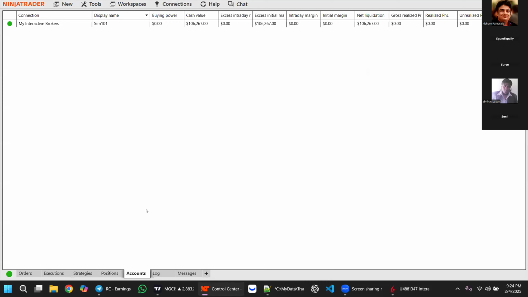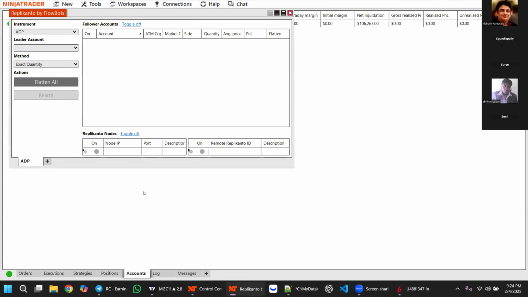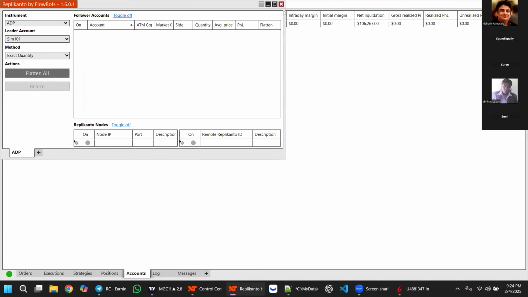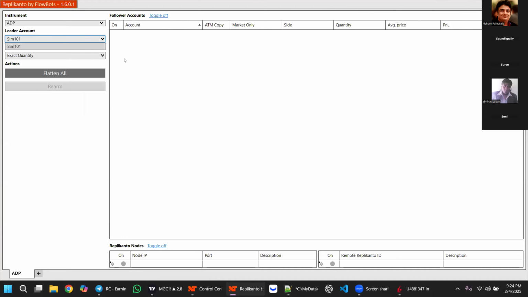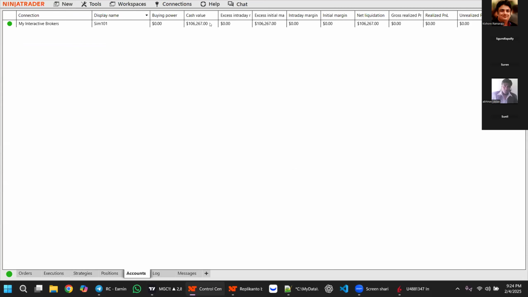Even in Replicanto I will not see that account. With prop firms we can do copy trades, right? Yes, with IBKR also you can do it for futures, but not for options. Here it's not showing, and in the accounts it's not showing correctly. I think it is not connected properly.